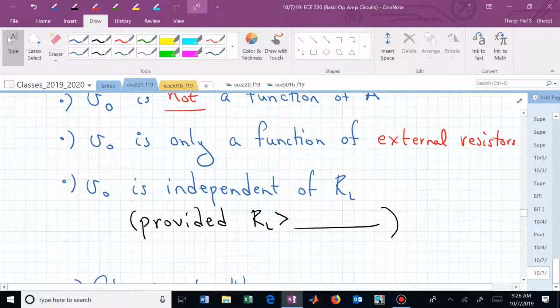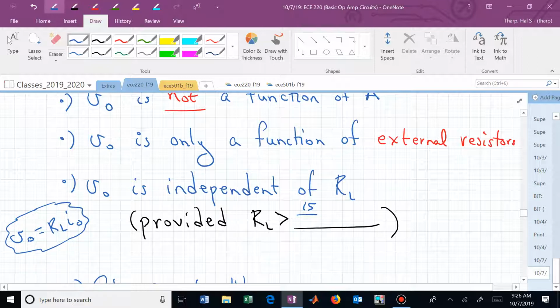We can get a feel for how big or how small R sub L is if we plug in some numbers. In our case, we had a supply rail voltage of 15. And now I'm just using Ohm's law. I know that V sub 0 is equal to, well, that's sort of what I'm working from.